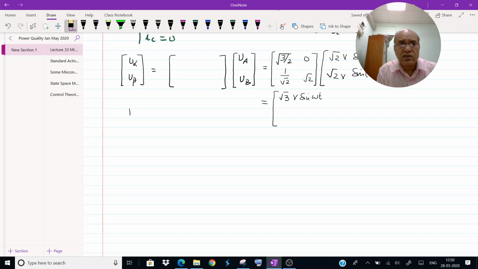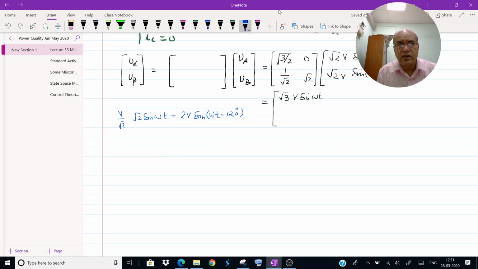The calculation is this: 1 by root 2 into root 2 sine omega t plus root 2 into root 2 becomes 2. V is common, of course, sine omega t plus minus 120 degree. This is minus 120 degree.